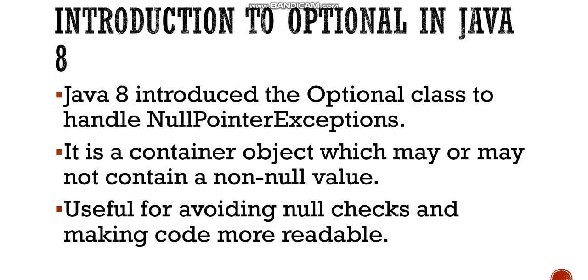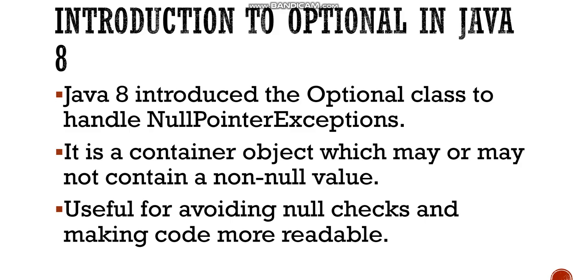The developer may be unsure whether a value is present or not, but if they go with the Optional class, even if the value is not present, their code will not break. This is a good coding practice, as we are following clean coding practices and SOLID principles also. So we use the Optional class to avoid these null pointer exceptions and null checks.